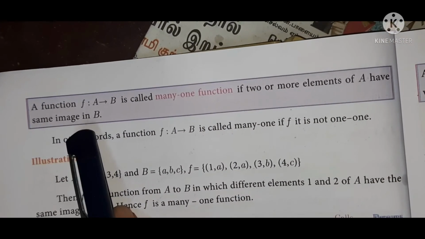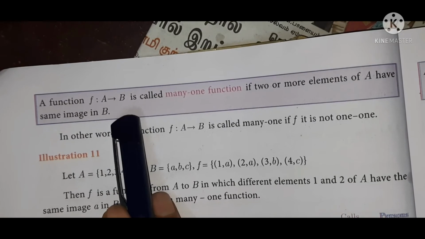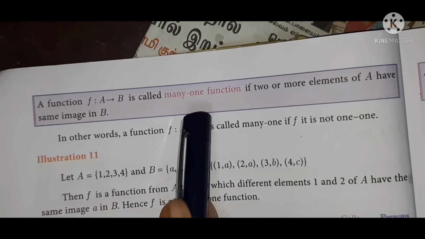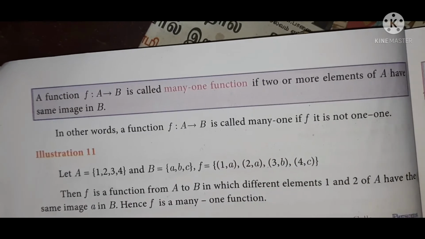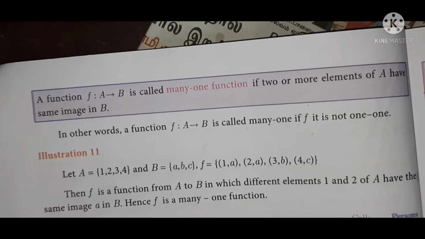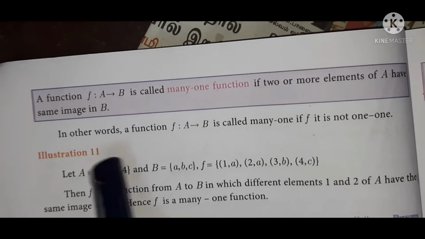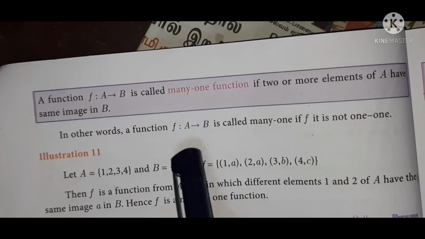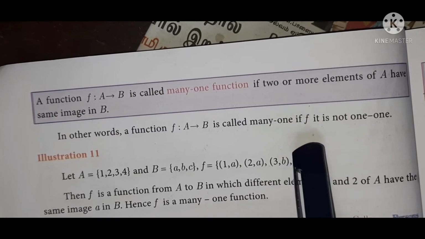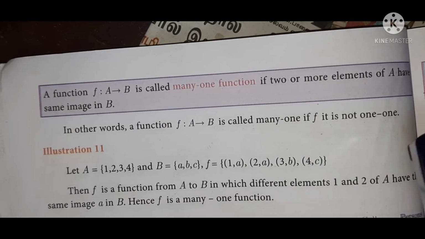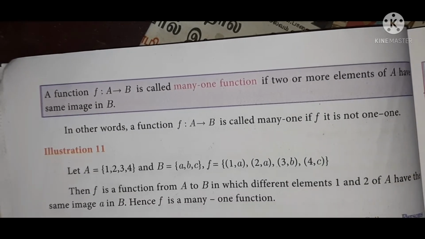A function f from A to B is called a many-to-one function if two or more elements of A have the same image in B. In other words, a function f from A to B is called many-to-one if f is not one-to-one.